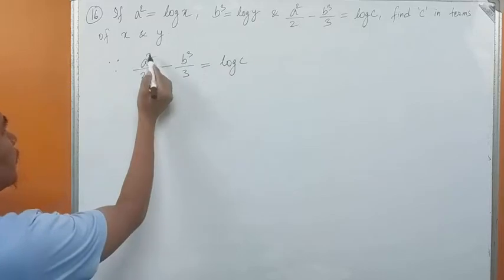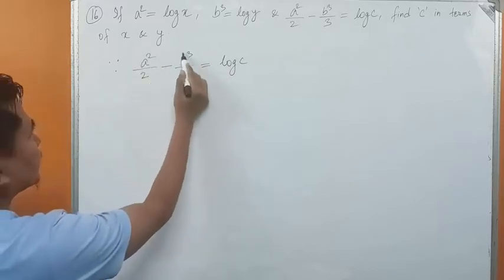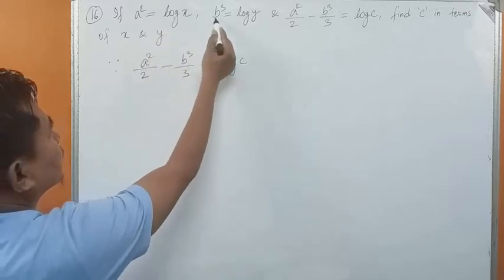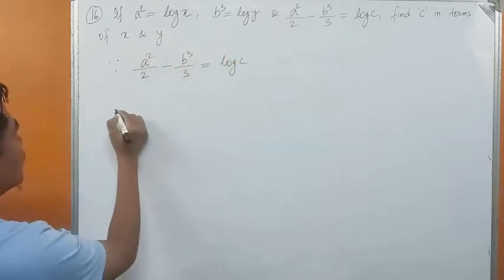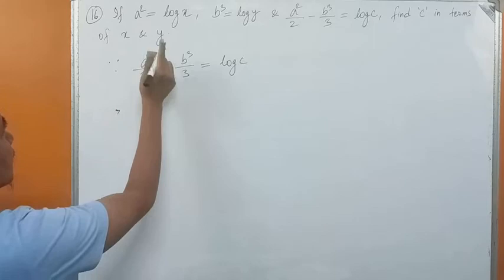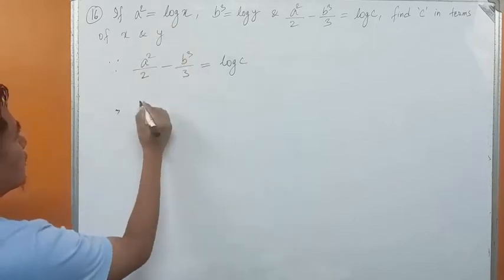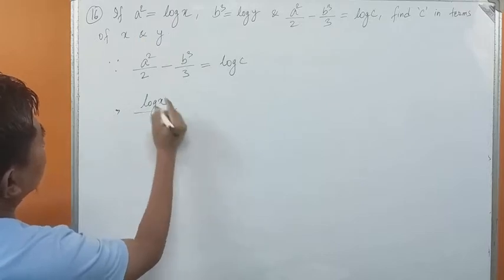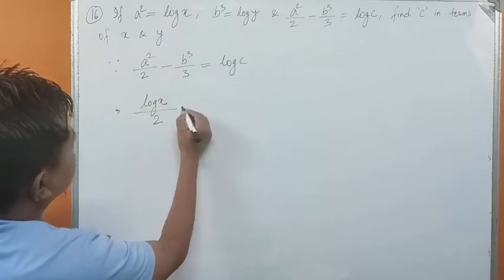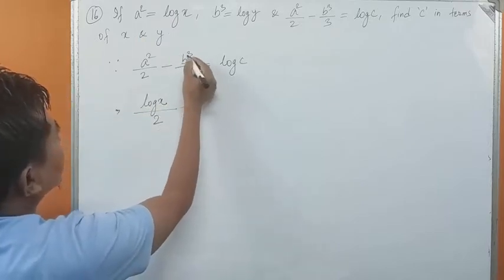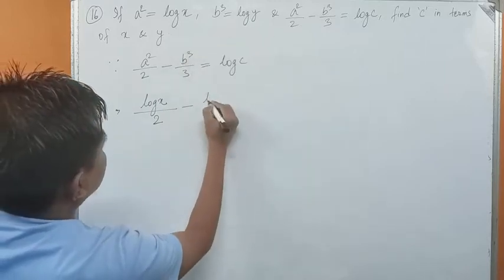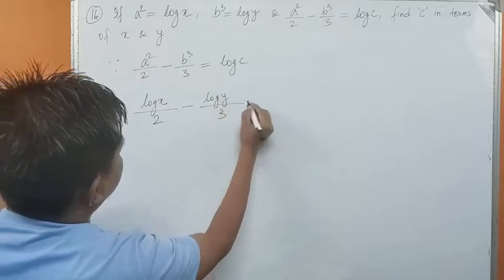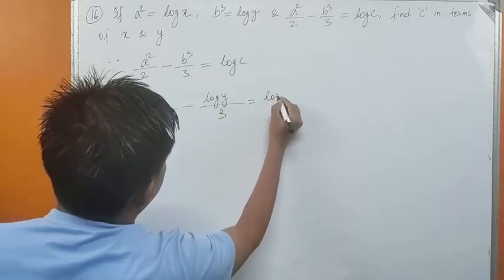Now we will put the value of a square and b cube. a square is given to us, that is log x, and b cube is log y. Instead of a square I can write log x, upon 2 in the denominator, minus instead of b cube I can write log y upon 3 equals log c on the right hand side.